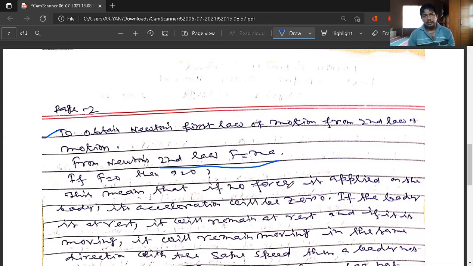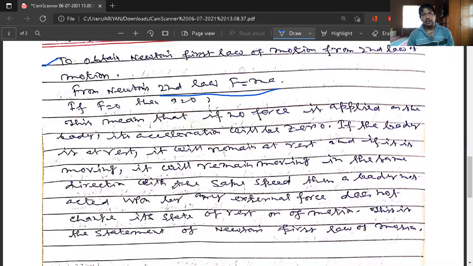If the body is at rest, it will remain at rest, and if it is moving, it will remain moving in the same direction with the same speed. Thus a body not acted upon by any external force does not change its state of rest or motion. This is the statement of Newton's first law.